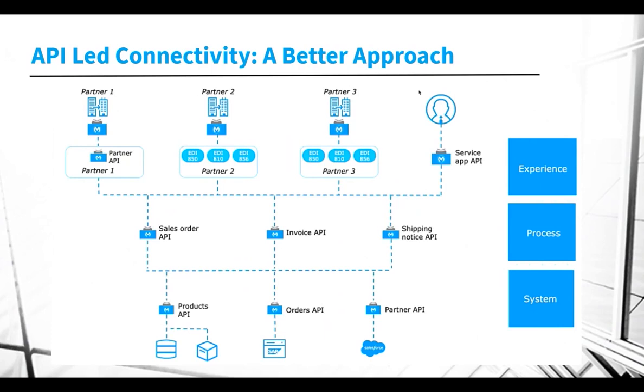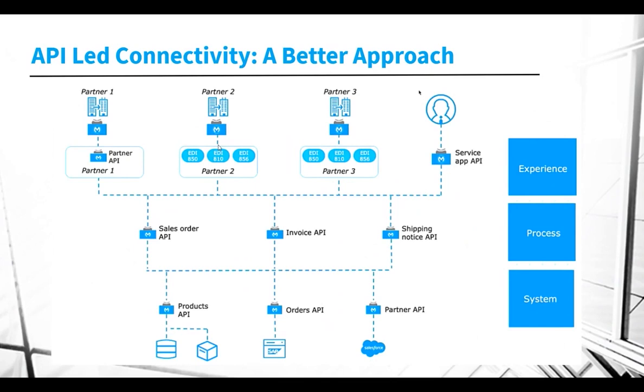If you look at what changes between partner one and partner two in the diagram on the slide, their message exchange standards can be different. One can be EDI 850 using X12, and another can be EDIFACT. The message exchange standards can be different, and to some extent their master data can be different.